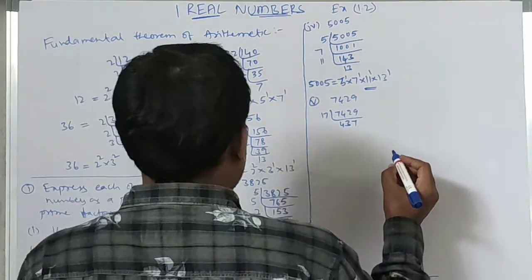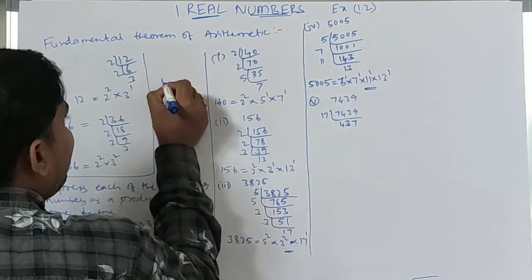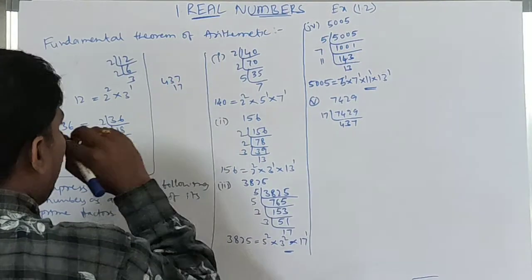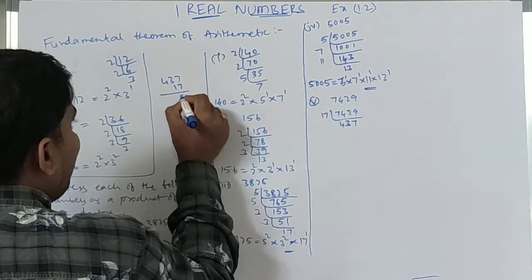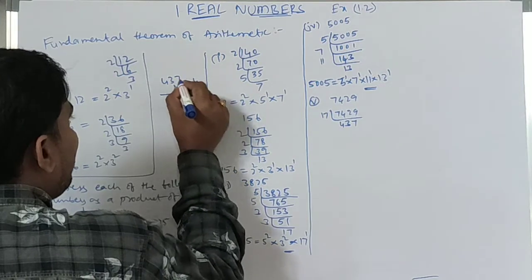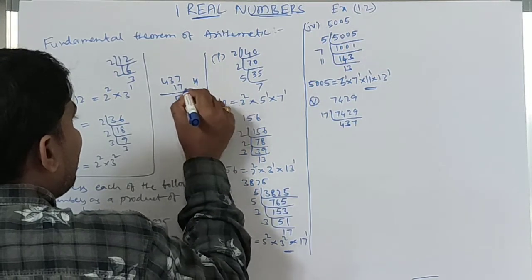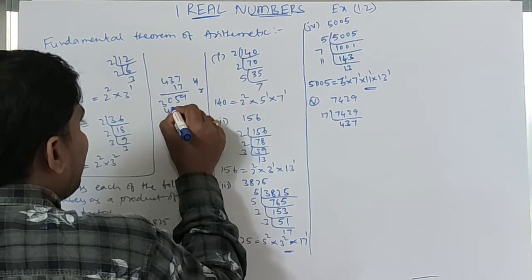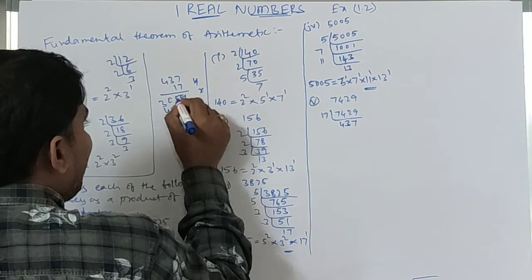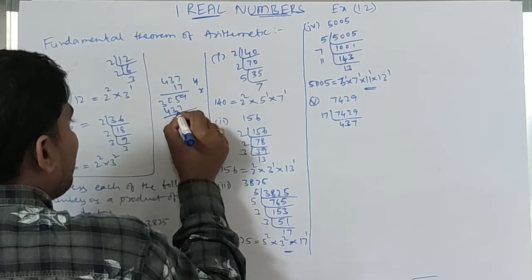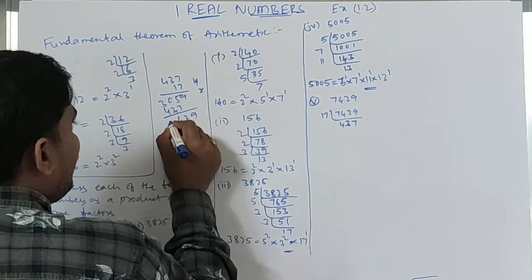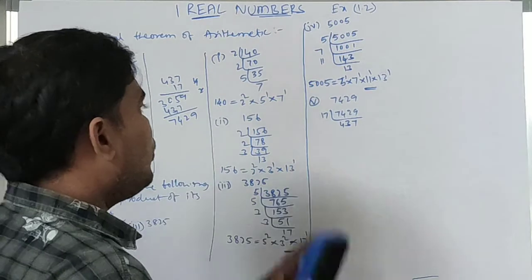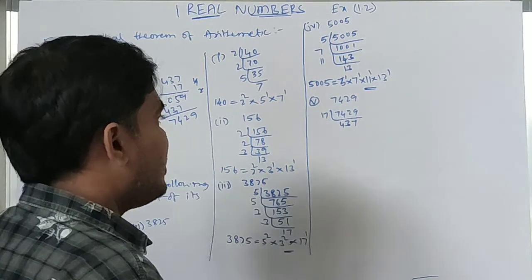Now I want to check 437 into 17. 7 into 7, 49, plus 4. 7 into 3, 21 plus 4, 25. 7 into 4, 28 plus 2, 30. So 437 times 17 gives 7429. So it is divisible by 17.